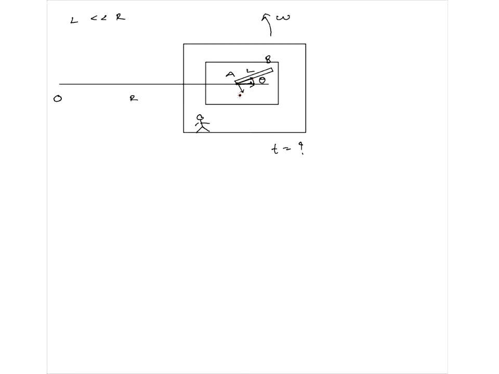Due to this component, particle will hit the boundary, so this component will be balanced by the normal reaction of the walls of the slit. This component will be responsible to move the particle from A to B. That's the physics.